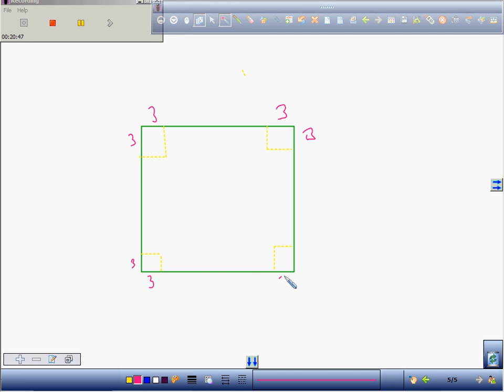They tell you that this side, from here to here, is x plus 2, and from here to here is x. And they say that the area is 288.